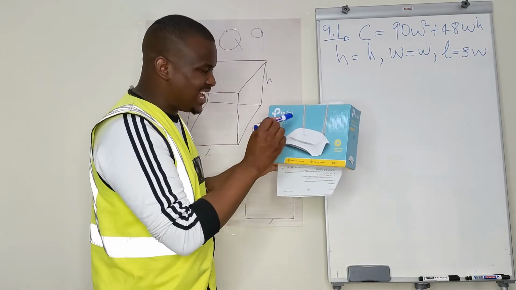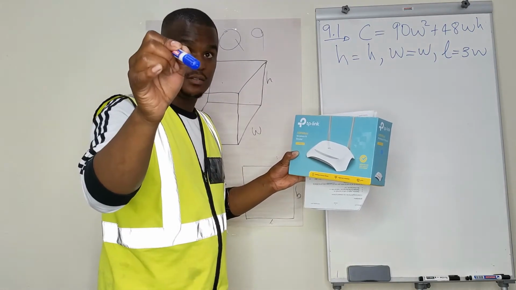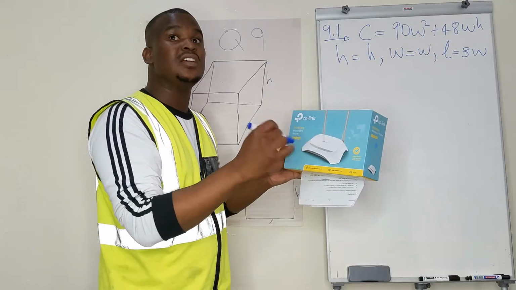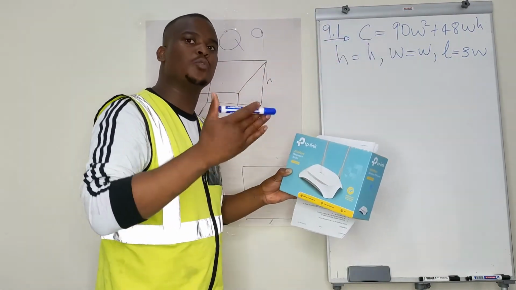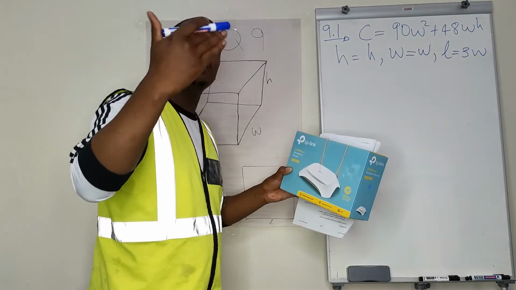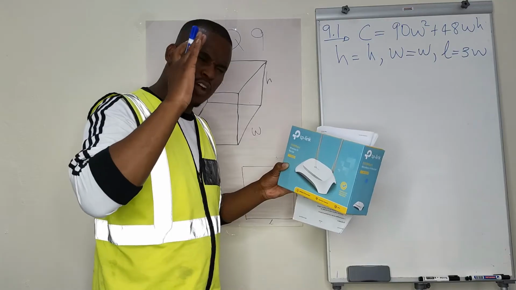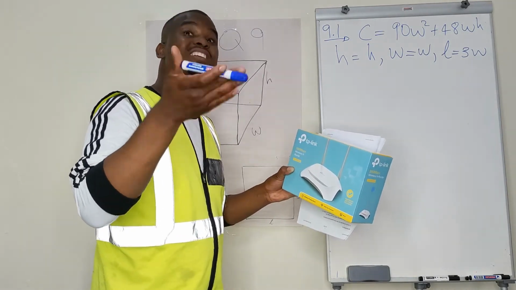Then you calculate the area of all the other sides. Once you have that area, also in square meters, you multiply by 6 rand, because it costs 6 rand to build each square meter.